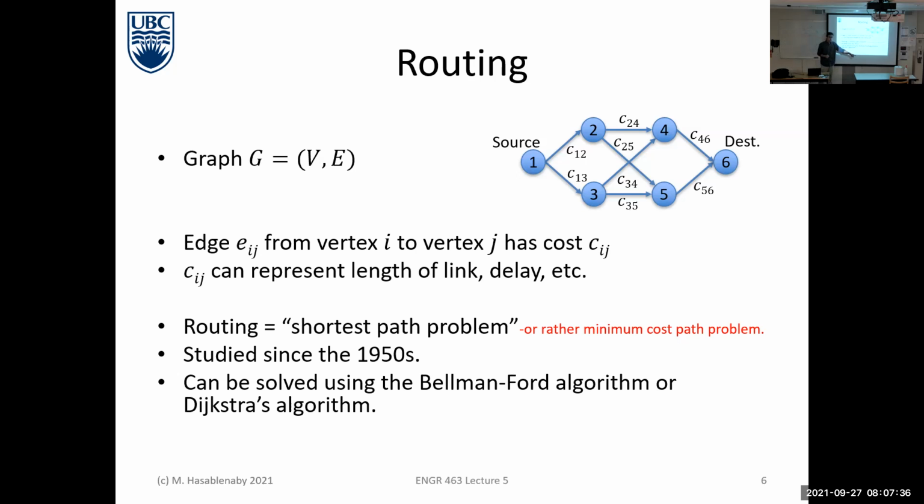For example, the cost C from node 1 to node 3 may represent the speed of the link, the delay of this link, the safety or security on this link, or the congestion on this link.